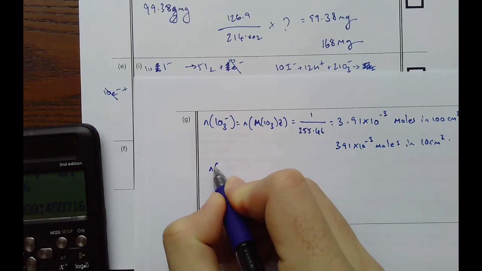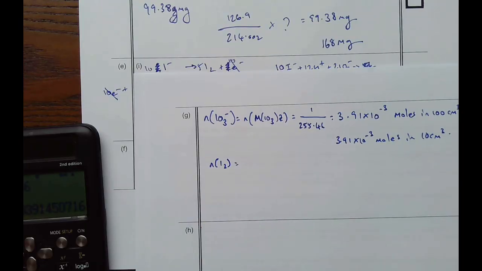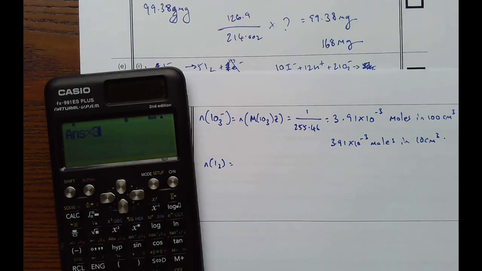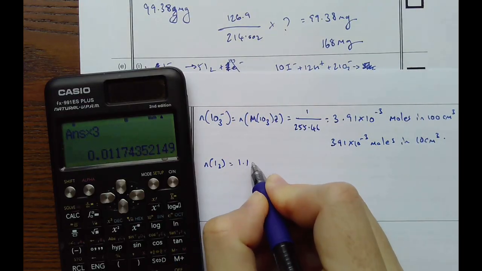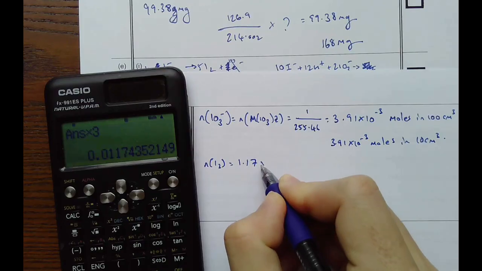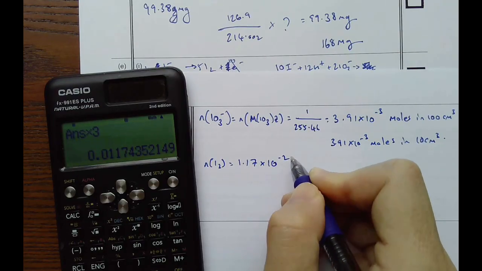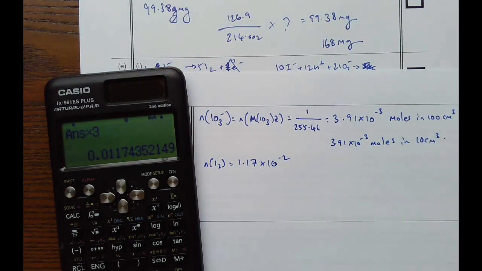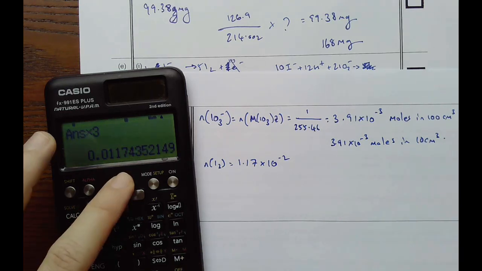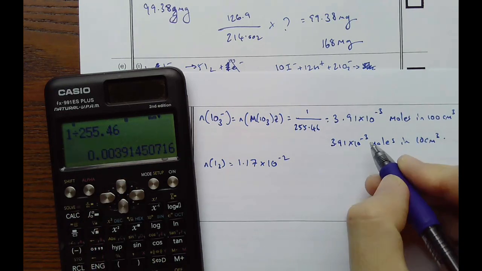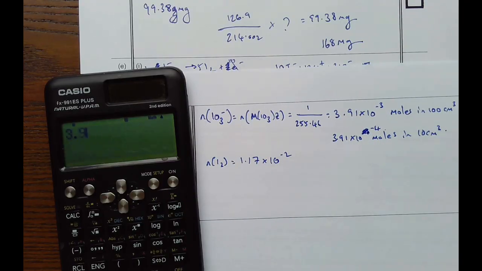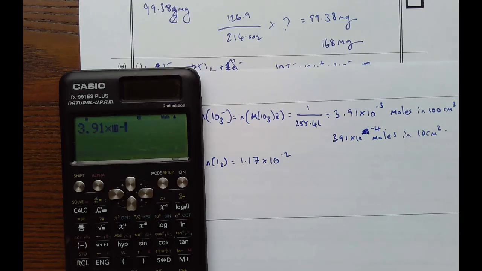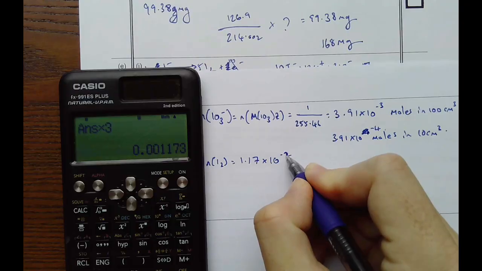So my moles of iodine is going to be that times 3, which is going to be 1.17 times 10 to the minus 2. No, hold on, let me have a look here. I didn't divide that by 10. That's minus 4. Alright, let's try again. 3.91 times 10 to the minus 4 times by 3. Okay, so that's 10 to the minus 3.